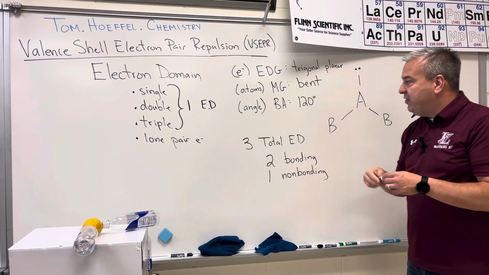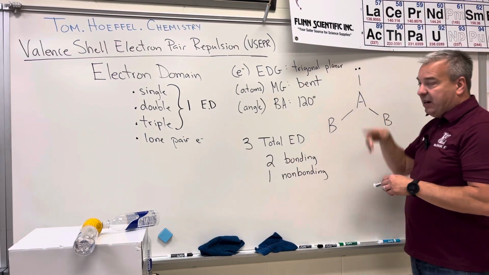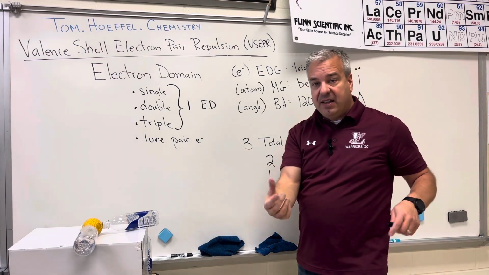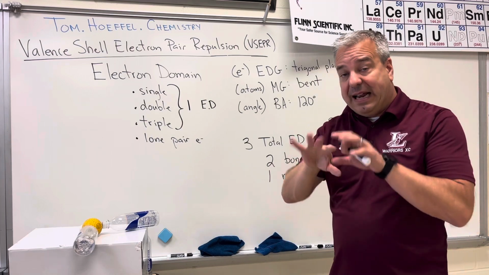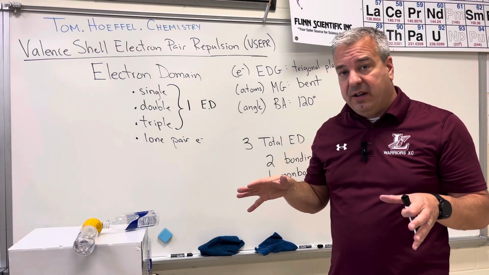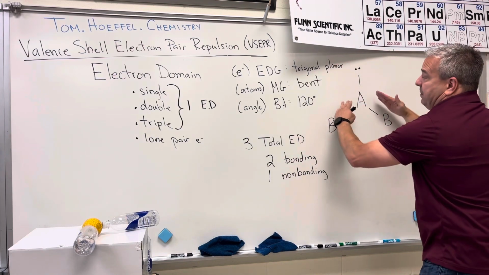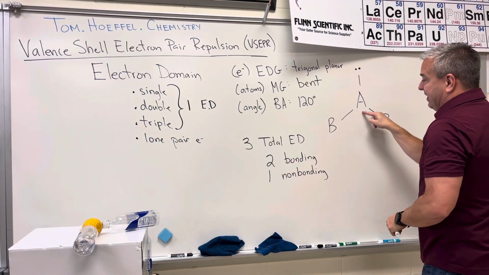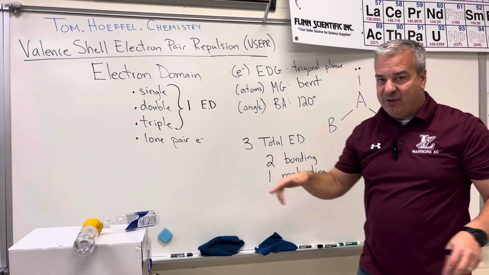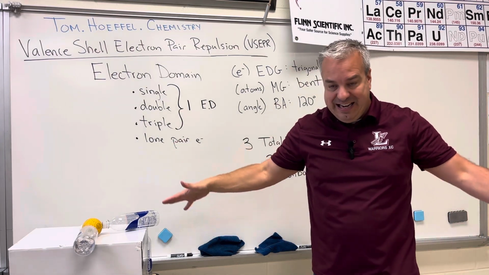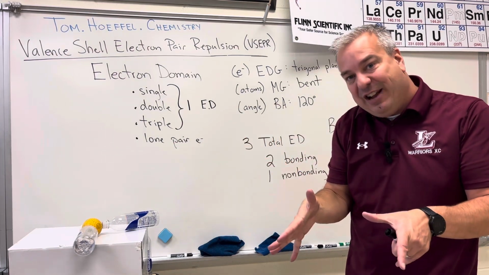And then the other thing that you need to know about lone pair of electrons that's worth writing down in your notes is that a lone pair of electrons has greater repulsion than bonding domains. So if this thing is repelling more, what happens is that this angle gets squeezed. So I always make this sound going, ee, kind of like squeezing the angle.